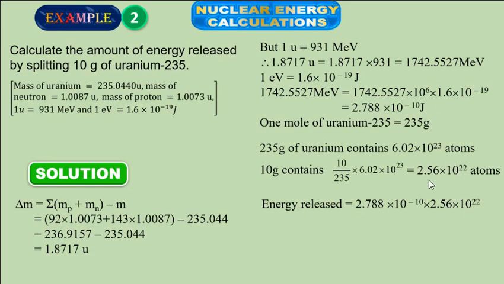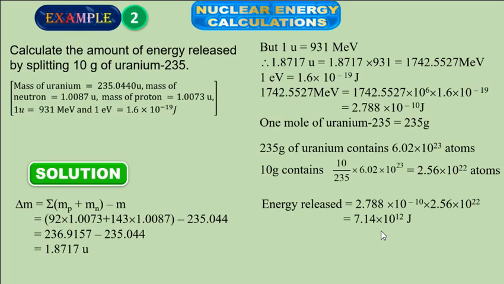Remember here, one atom gave us this, and this number of atoms will be one atom times this number. And if we multiply that, we are going to have 7.14 times 10 raised to the power 12 joules.